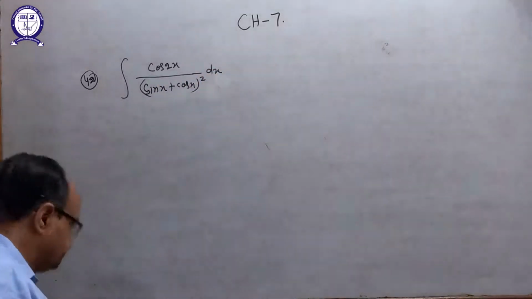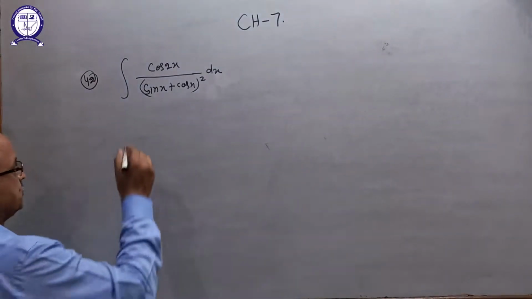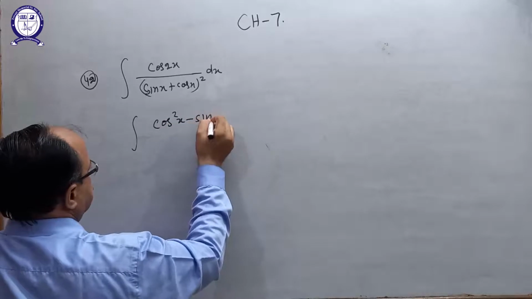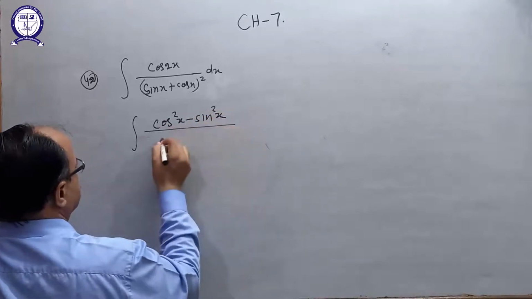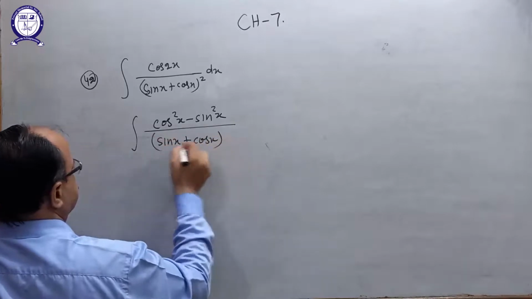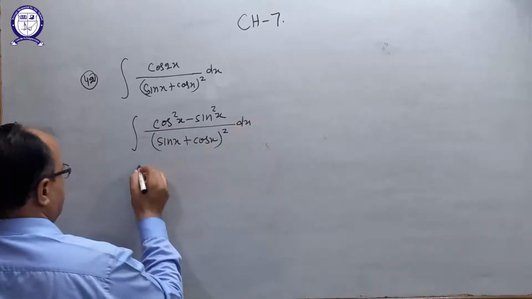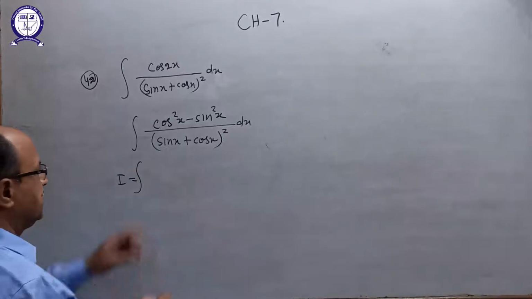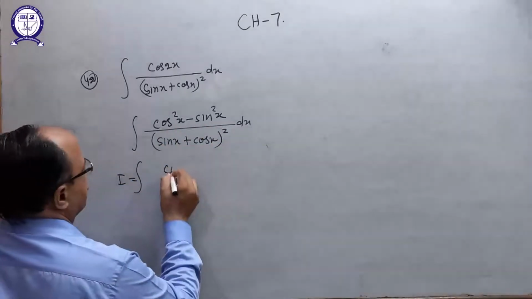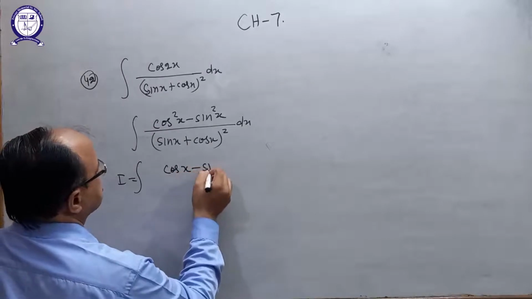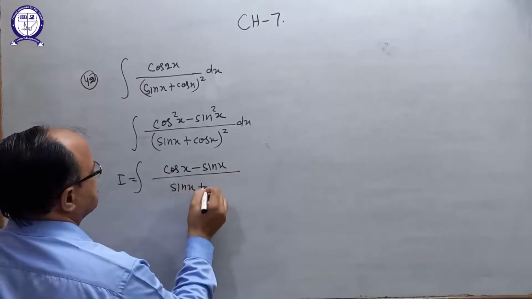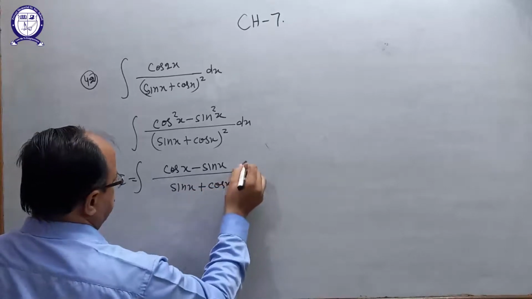In this question, the formula of cos 2x is cos square x minus sin square x, upon (sin x plus cos x) whole square. Apply here the identity a square minus b square equals (a plus b)(a minus b). One term will be cancelled, leaving cos x minus sin x upon sin x plus cos x.